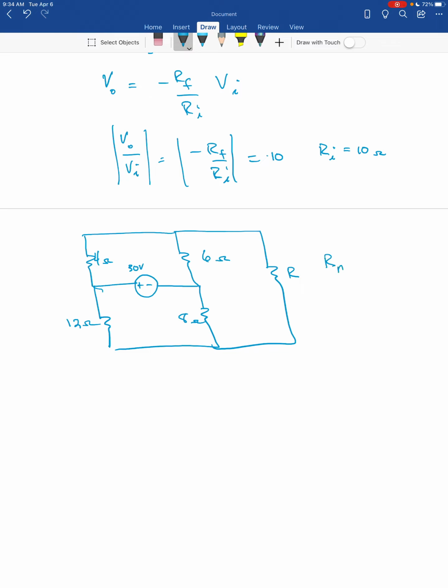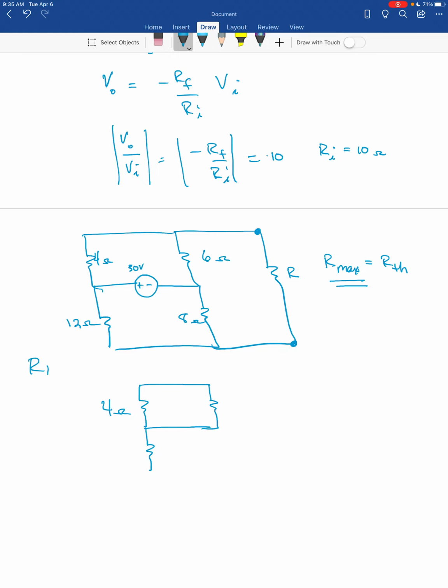So what we know from the max power transfer theorem is that R for max power is going to equal R Thevenin as seen from the terminals that connect to this resistor. So what we need to do to find this resistor value here is we need to find the Thevenin resistance of the rest of the circuit. Now, as you know, when you have only independent sources, you kill those by short-circuiting the voltage sources and open-circuiting current sources.